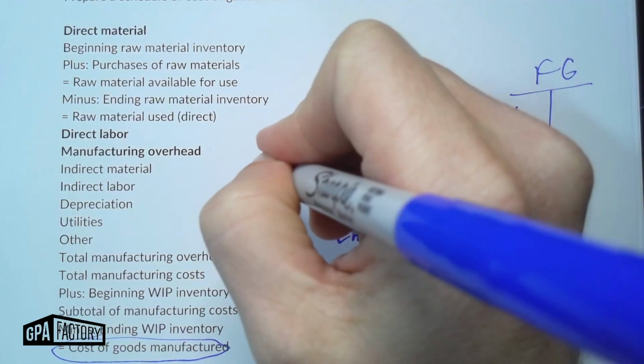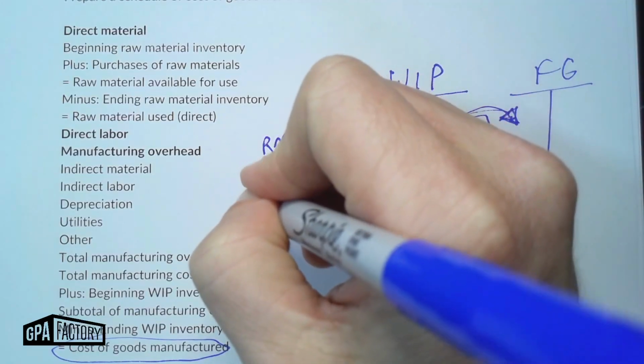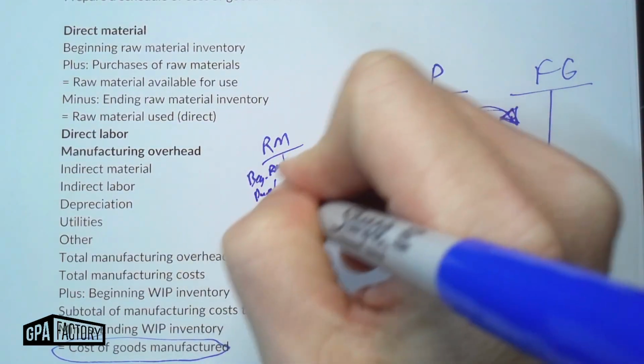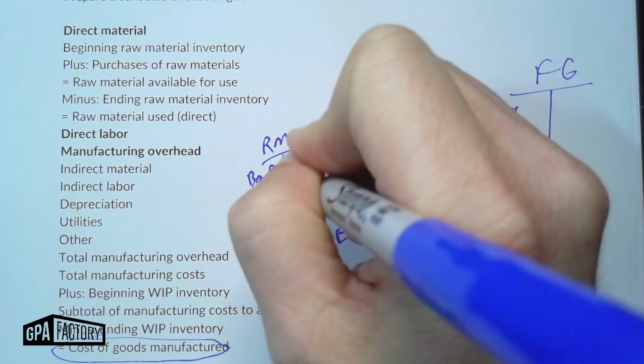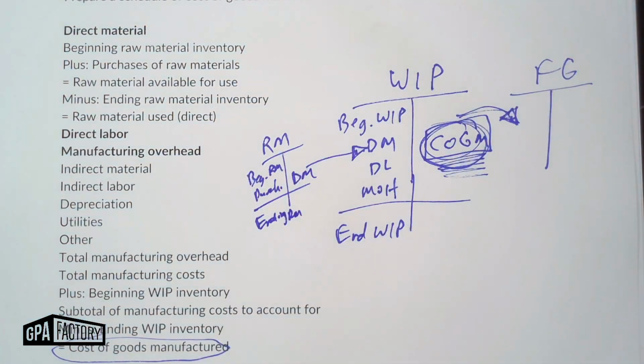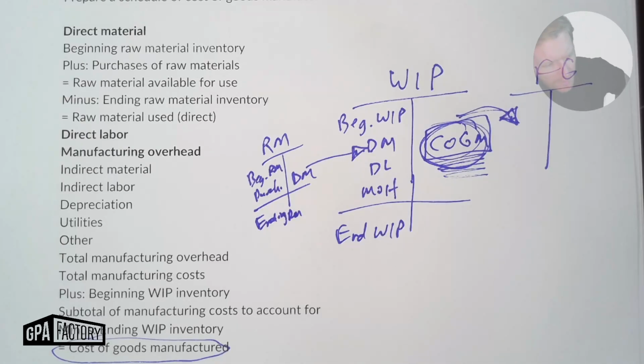It's going to be beginning raw materials plus purchases of raw materials minus ending raw materials is direct materials that's going over into work in process. So this is how all these different inventory T accounts are related to one another.